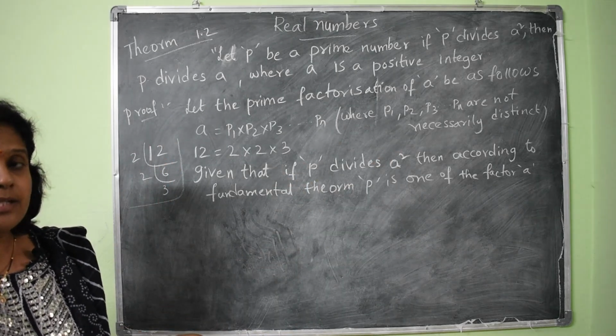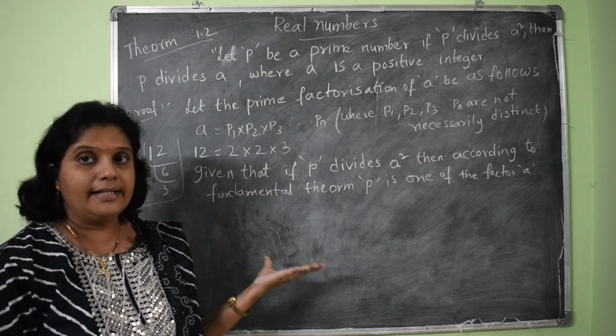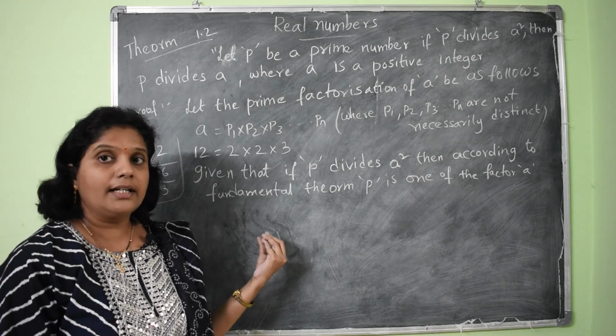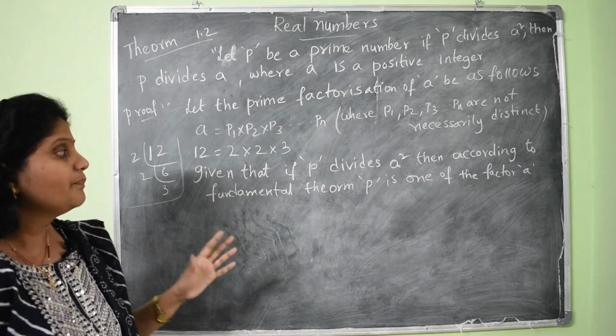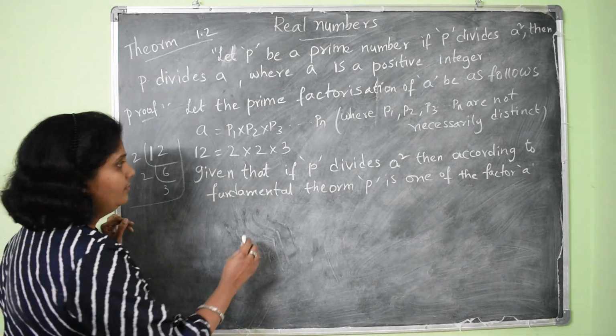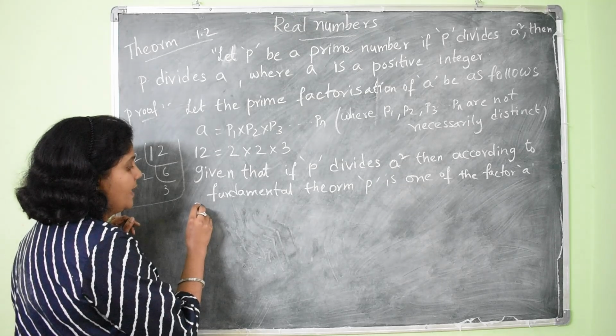If it is dividing, what does it mean? It is nothing but a factor. If it is a factor only, it will divide. If it is not a factor, it will not divide. So it is a factor, that's why it is dividing. Okay, let's take an example. What is A square?